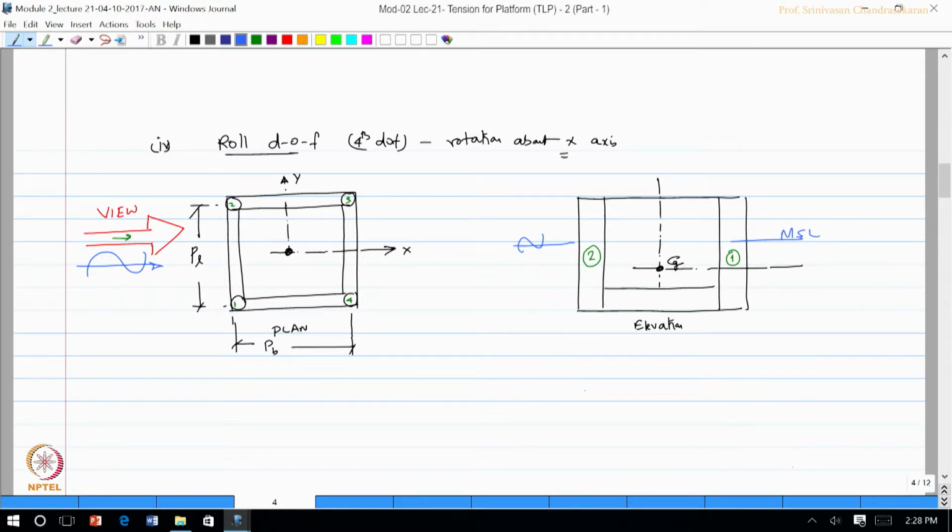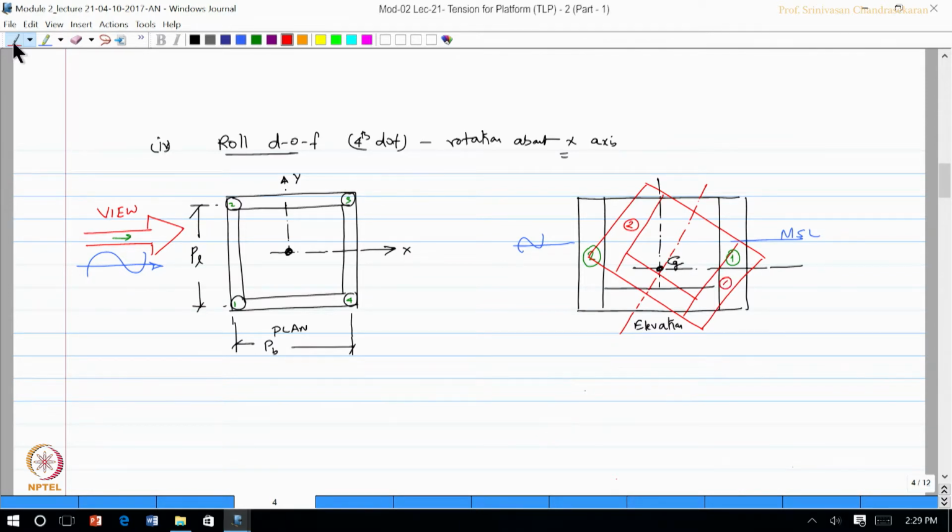Now, I want to roll this about the x axis. Obviously, the new position of the body will be like this. Let us roll it this way. So, this becomes my column 2, this becomes my column 1.